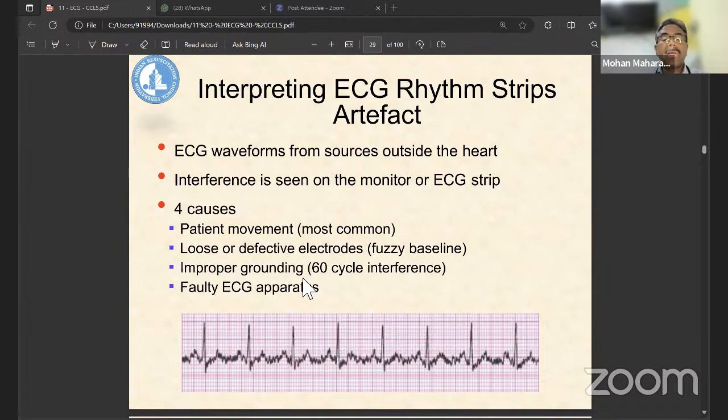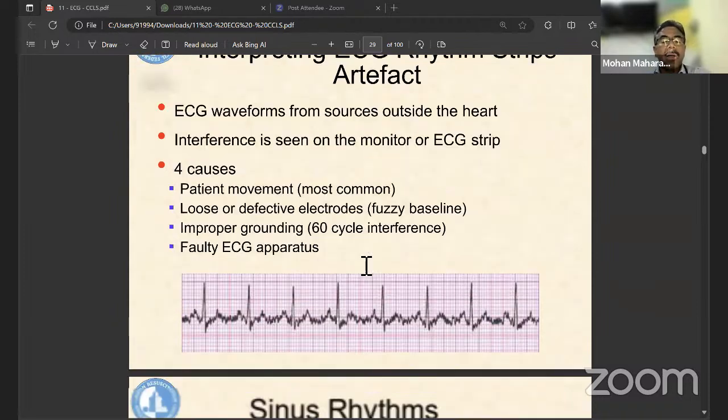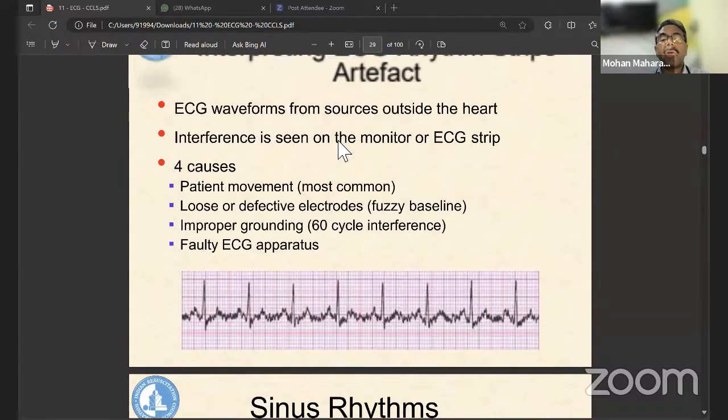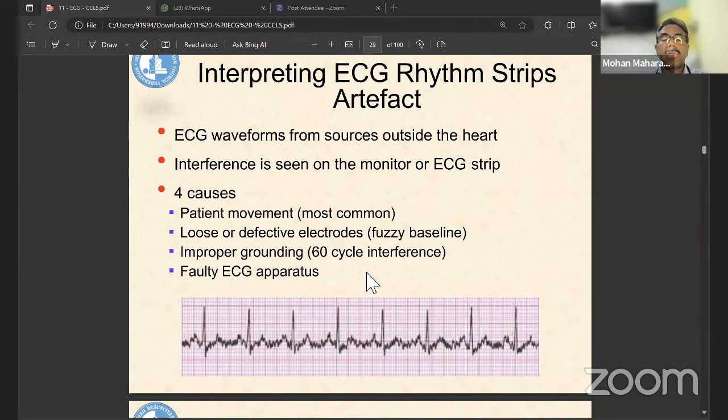Or there is improper grounding, which means earthing is important. Or there is interference, or a faulty ECG apparatus. With all these reasons you will have artifacts, which means you cannot read the ECG. So care should also be taken while taking and printing the ECG properly.